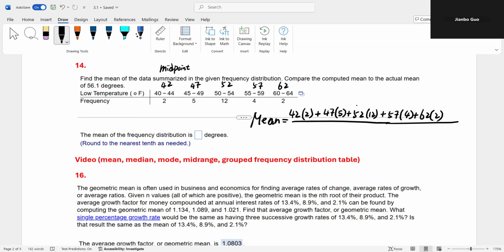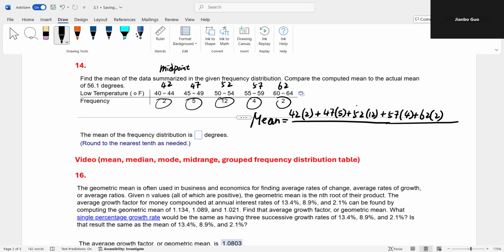The denominator should be the number of values in the data set, right? It's not given, but the second row in the table gives all the frequencies. We have 2 values for the first class, 5 values between 45 and 49, 12 values in the third class, 4 values in the fourth class, and 2 values between 60 and 64.